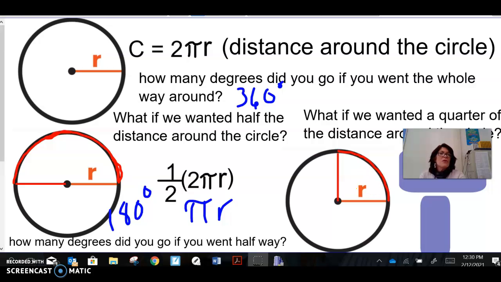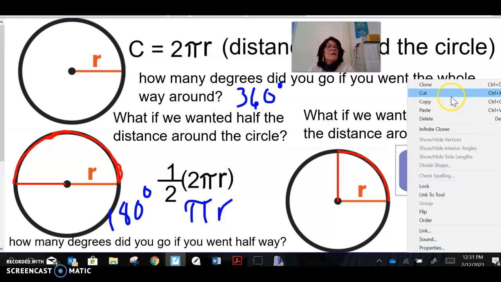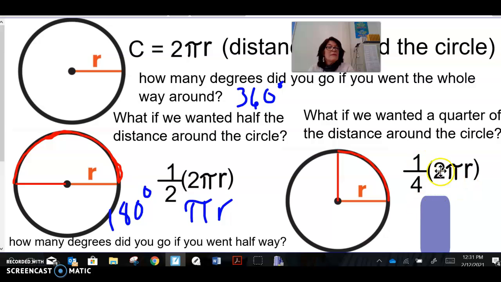What if I wanted to do a quarter of the way? Just a quarter of the distance? Then I'd take 1/4 of 2 pi r, right? The whole way is 2 pi r. So I take a fourth of 2 pi r. A fourth of 2 is 2/4 or a half, right? So I'd have a half pi r.